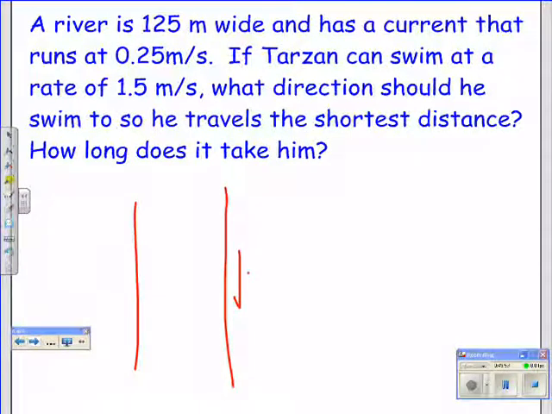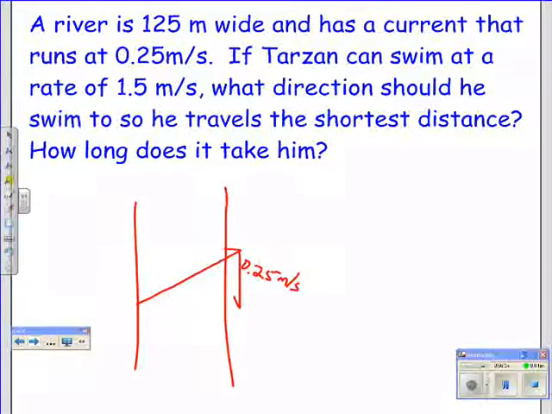So this is at 0.25. Tarzan can swim 1.5 meters per second. Which direction should he swim? Upstream. A little bit, right? How much upstream? Well, he's going to swim in this direction.